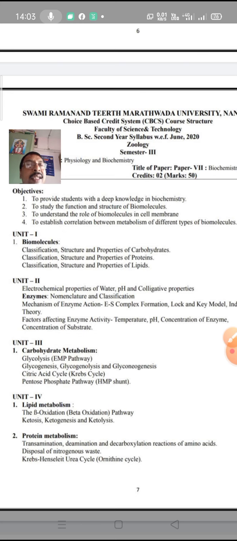These are called nitrogenous waste materials. And the last topic is the Krebs-Henseleit urea cycle, or it is called the ornithine cycle. So this is the last topic from unit 4, and these are the 4 units you have to study under paper 7th biochemistry for semester 3rd BSc second year.